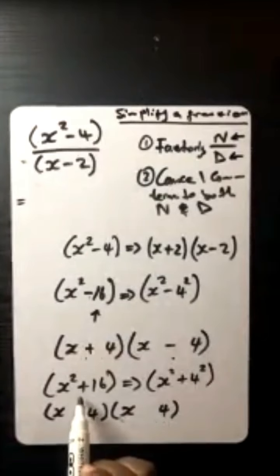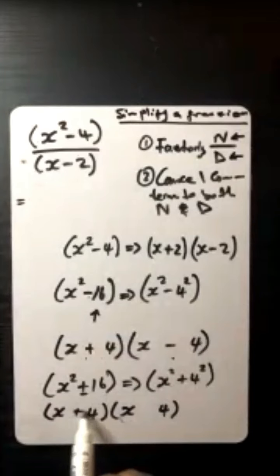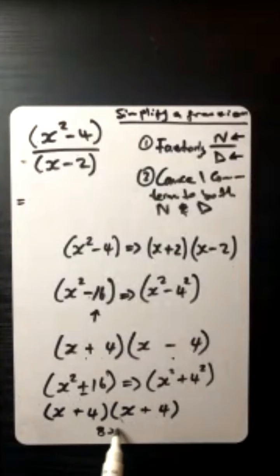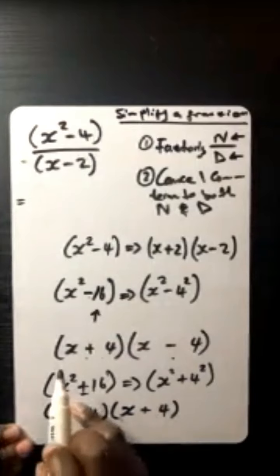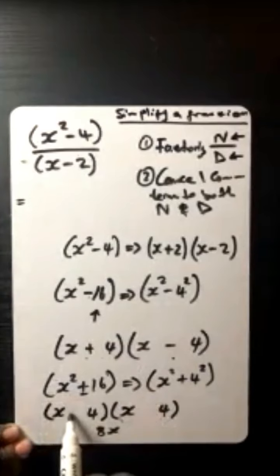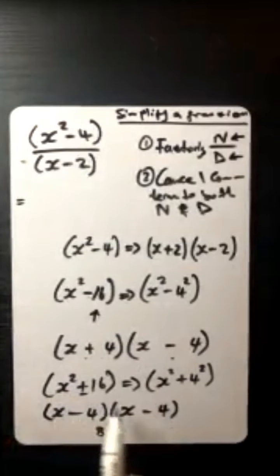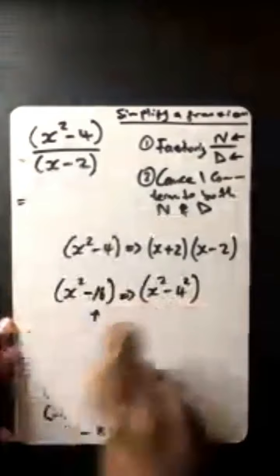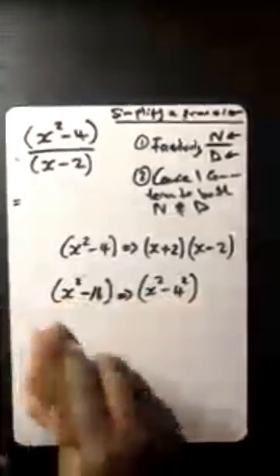So I was saying, because it's a positive there, then both will be positive. It won't be true because I'm going to have a middle term which is 8x. Then what about negative, negative? That times that, I'll still have a middle term which is negative. It wouldn't work.